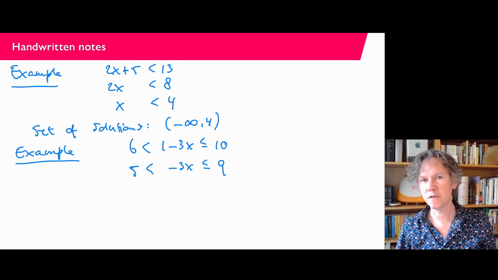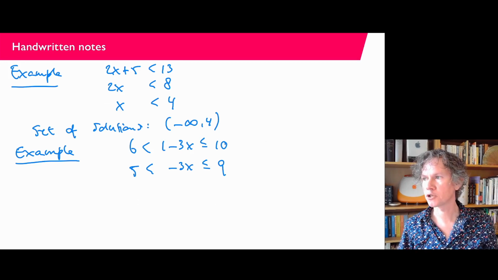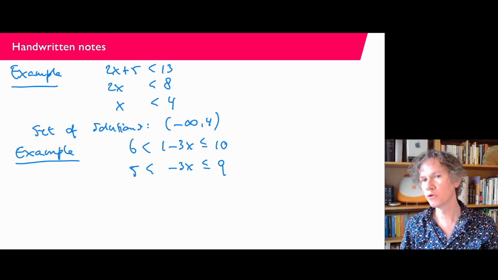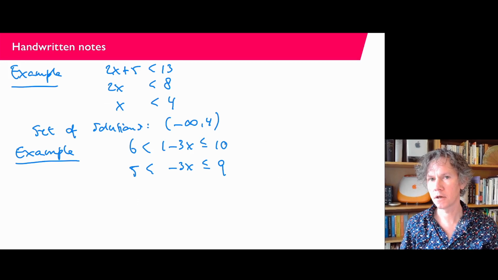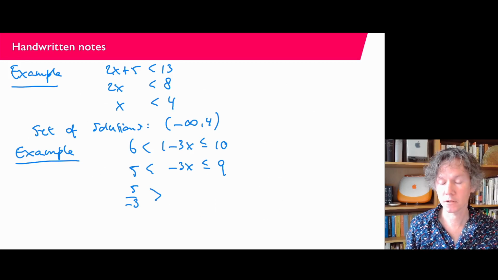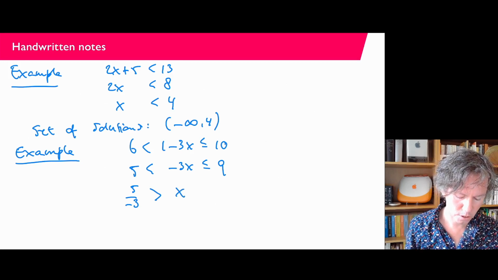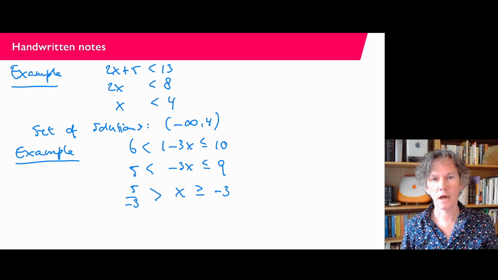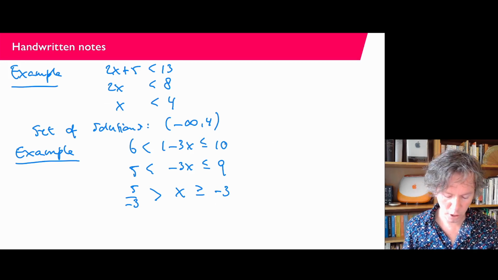Now I'm going to divide the equation by minus 3. And you should remember that if you divide or multiply an inequality with a negative number, like minus 3 is, then the sign changes. So then we get 5 divided by minus 3 is bigger, because we have a negative number. x is larger or equal 9 over minus 3, that's minus 3. And now let's swap the equation so that it looks like a normal equation.